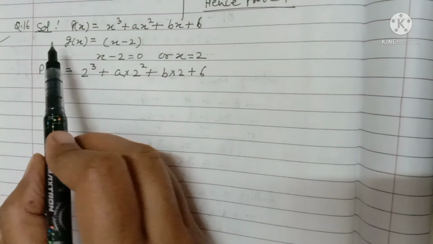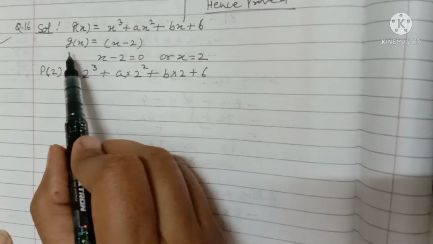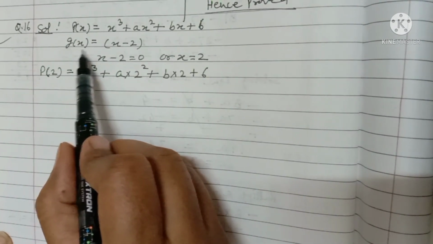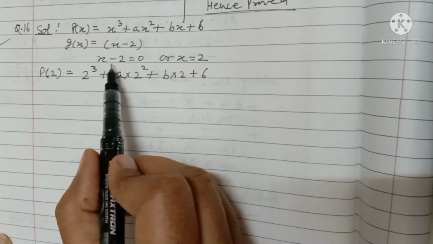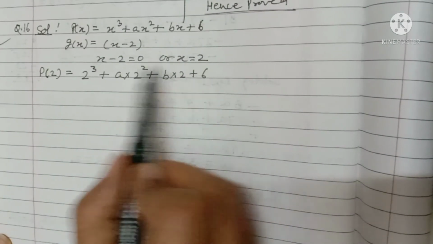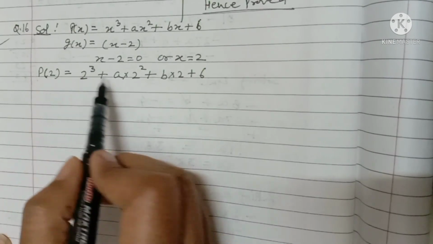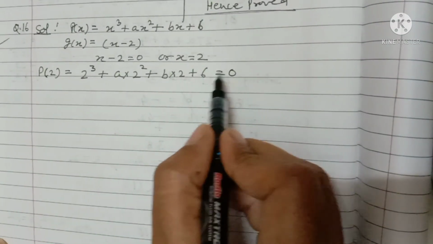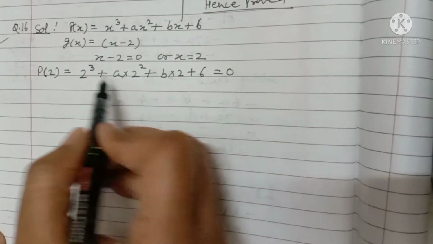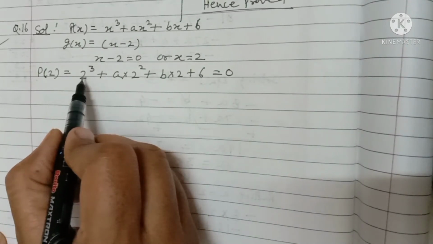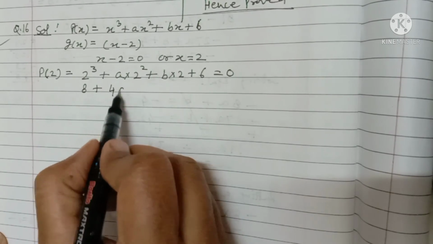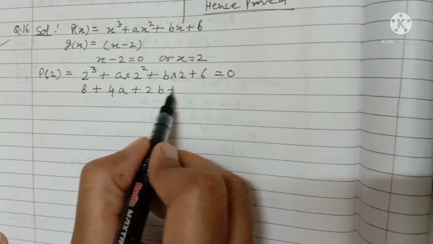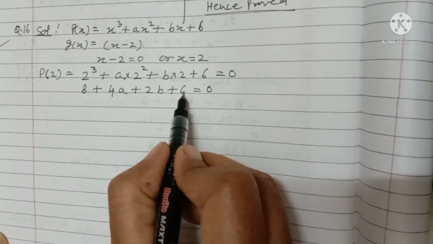Now the solution of 16. This is the polynomial and x minus 2 is a factor of the polynomial. So substitute x equal to 2, and p(2) is equal to 0 because the remainder is 0. So you will get the first equation: 8 plus 4a plus 2b plus 6 is equal to 0.